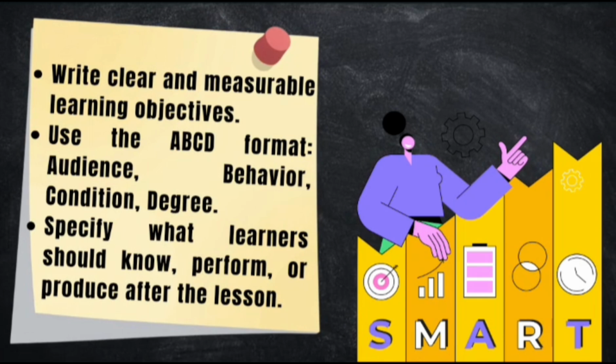Third bullet, specify what learners should know, perform, or produce after the lesson. Therefore, objectives should clearly state the expected knowledge, skills, or outputs students must demonstrate at the end of the lesson.